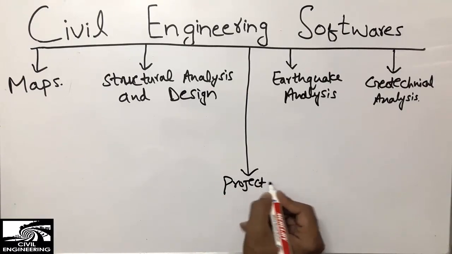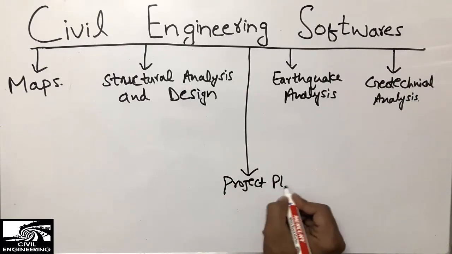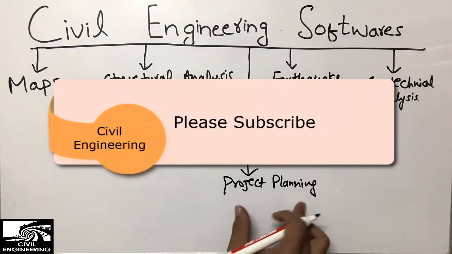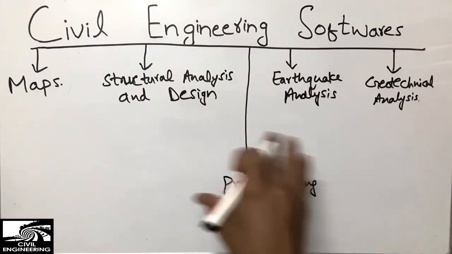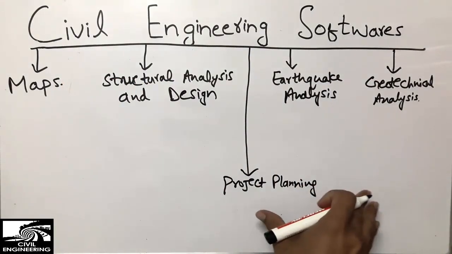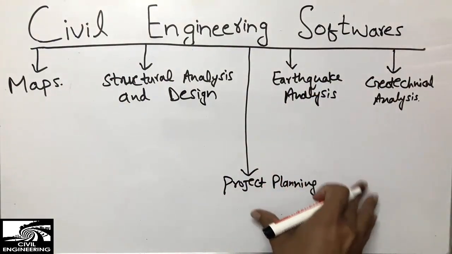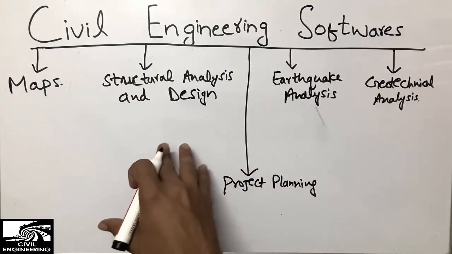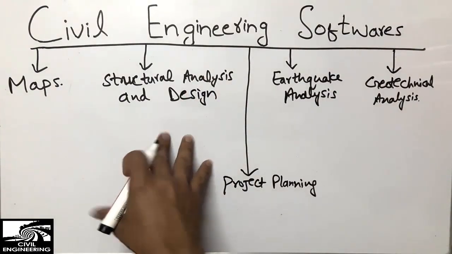It's very important. For project planning and management, we use other software. These are the five categories of software used mostly in civil engineering, and if one knows this software, I think he is able to cope with every problem, right?